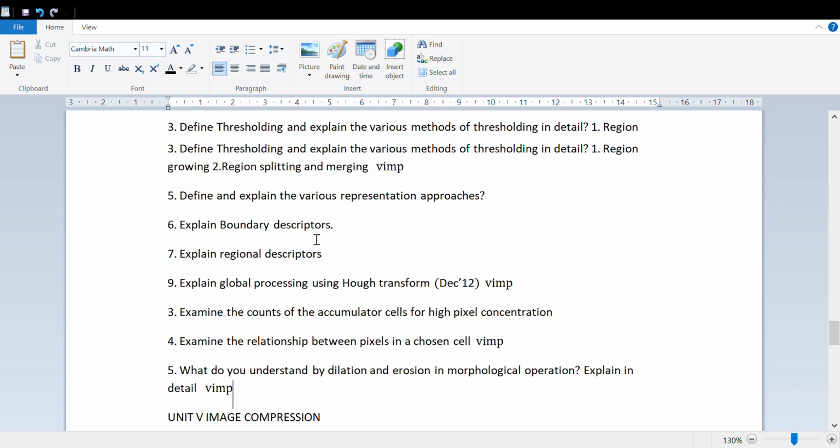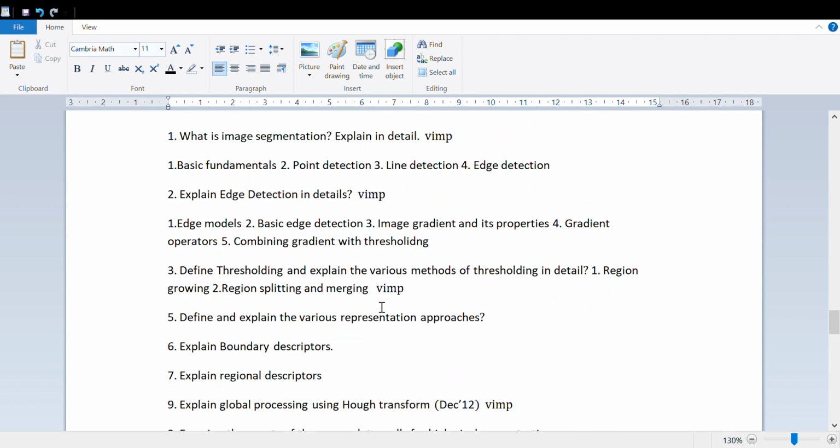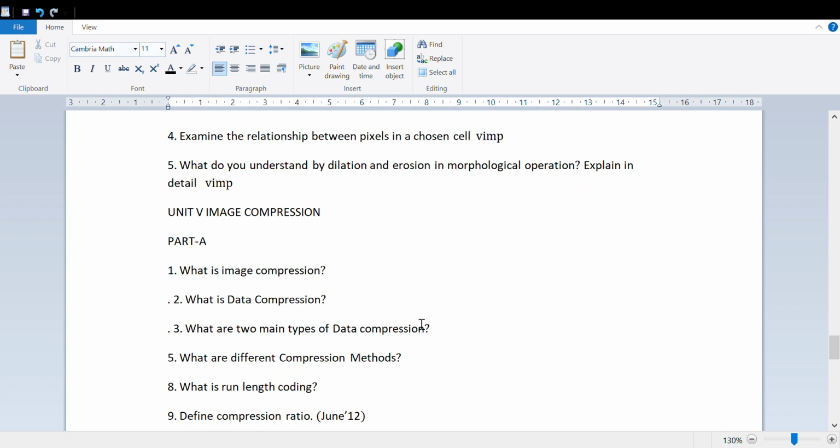It is also an important question you can expect. And explain edge detection in detail, like the edge model, basic detection model, image gradient properties, and image operator, and combining gradient with threshold. These are the different questions which you can expect from the fourth unit.